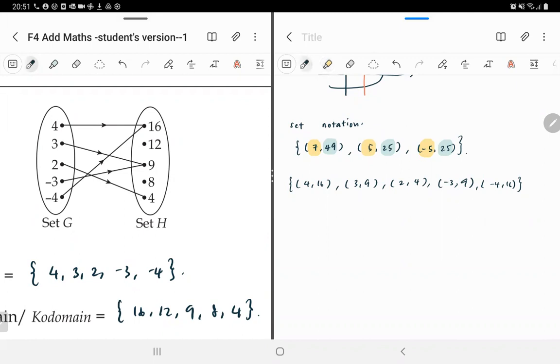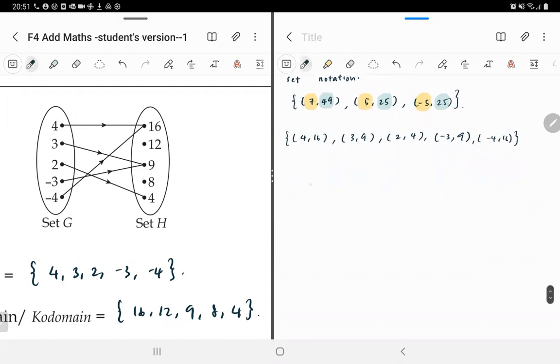Another one is a graph. For graphs, we have two different kinds of data, if you still remember. One is discrete data, another one is continuous data. Discrete data means very clear-cut numbers, like blood group. You have A, B, AB, or O only. So it is very clear-cut.